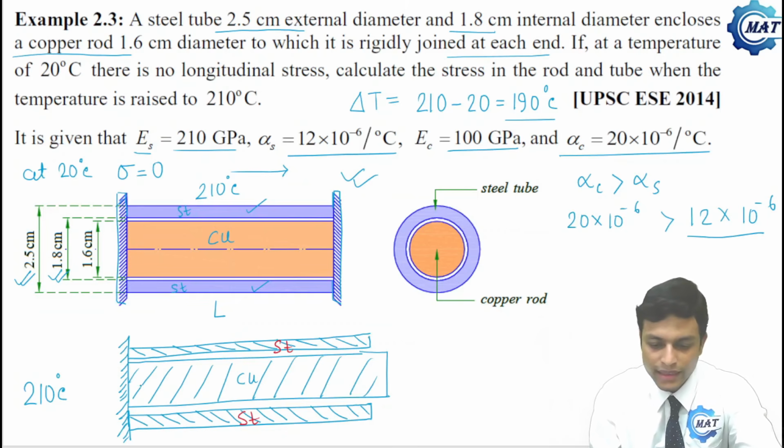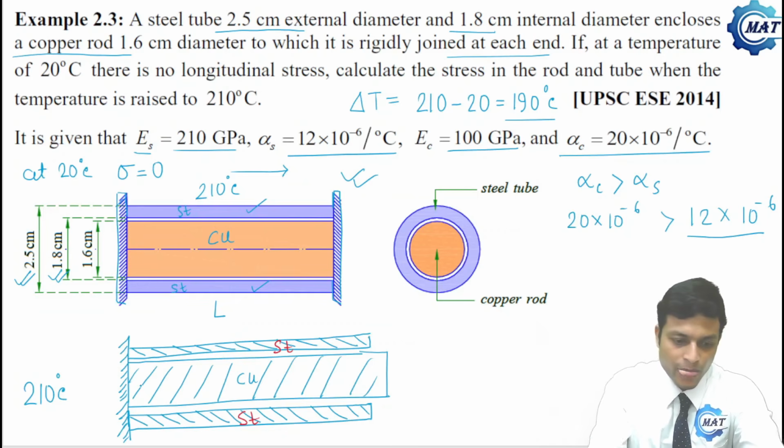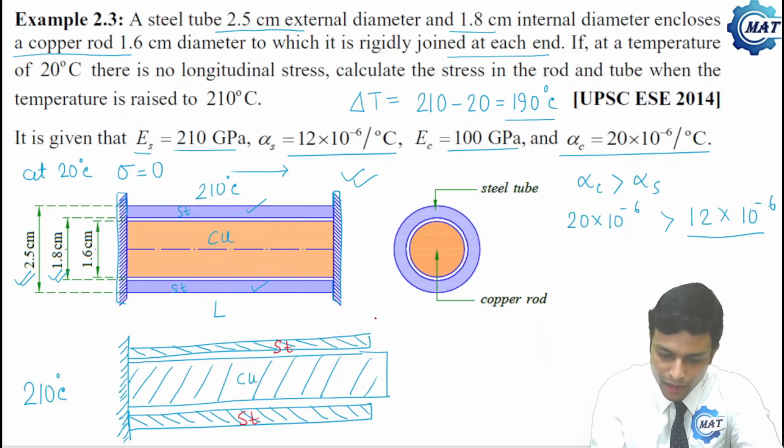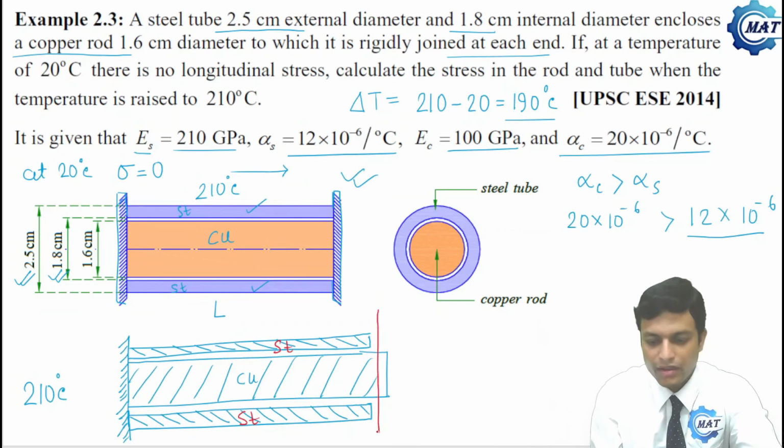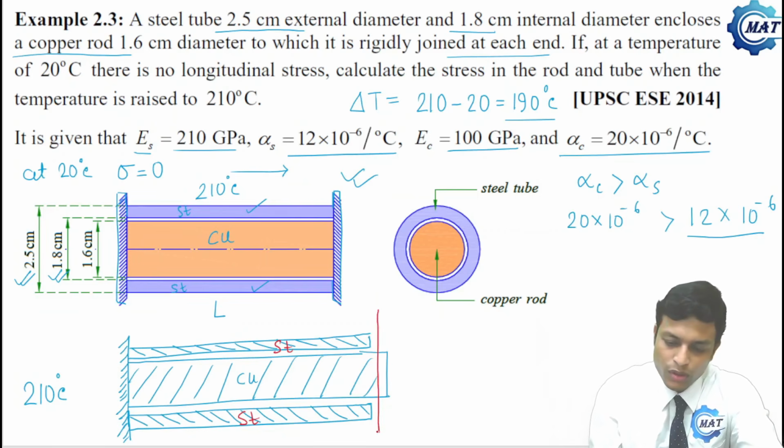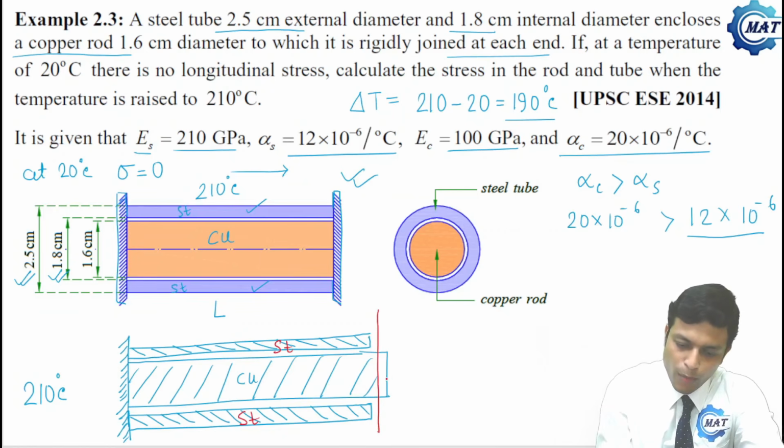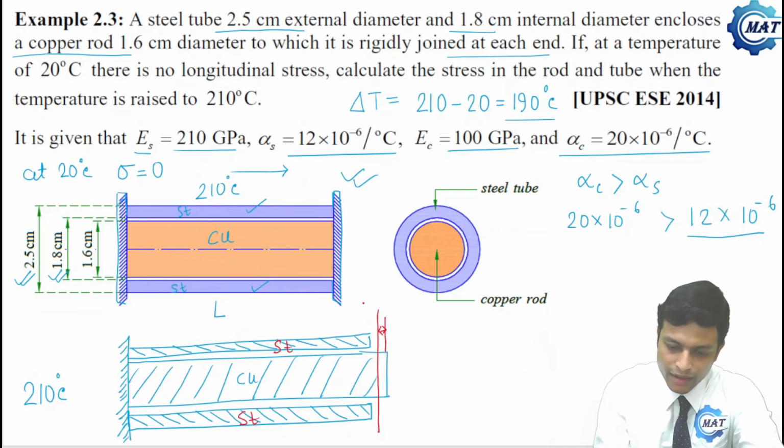At 210 degrees Celsius their length will be somewhere in between the steel and copper lengths. So copper will be compressed by this amount, and steel will be elongated by this amount.